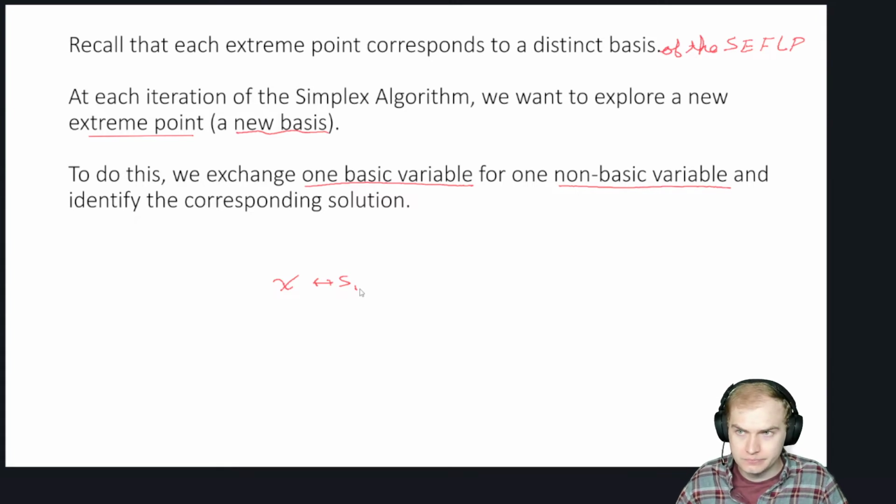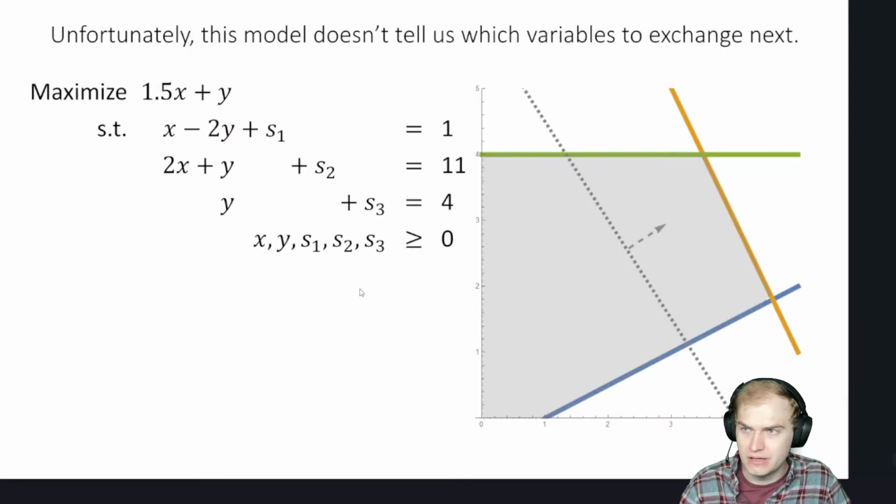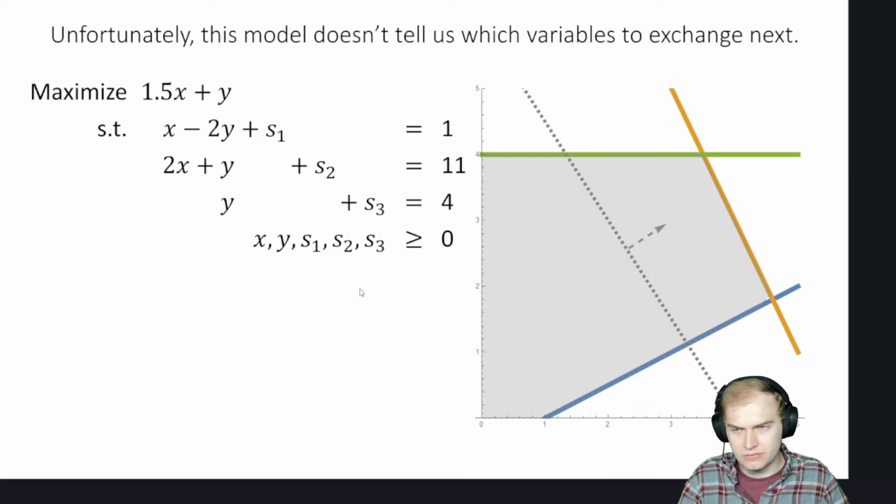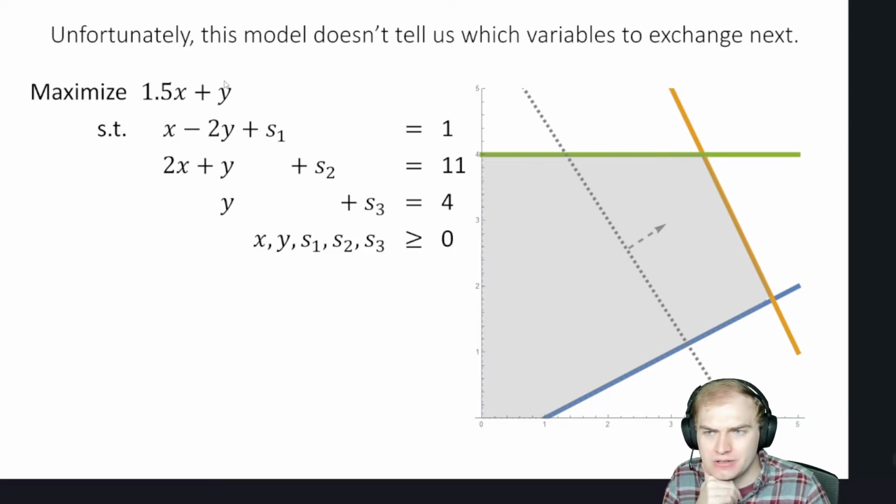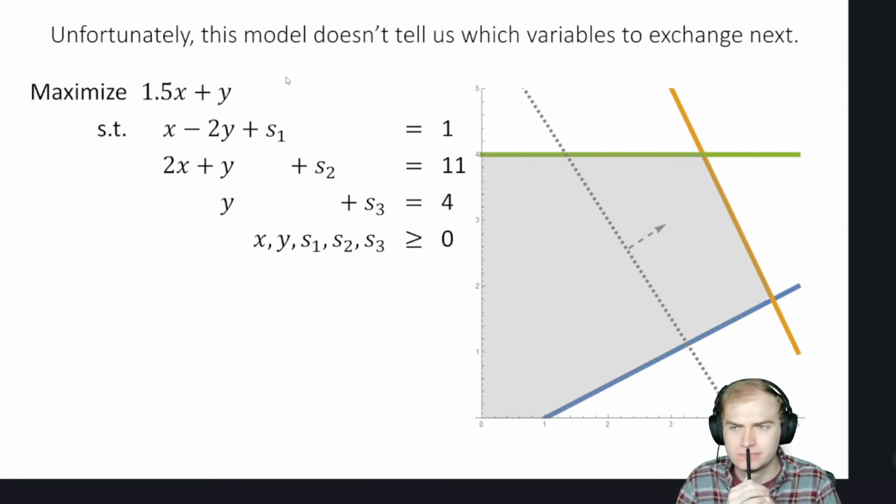Now we're at a sticky point, because this model doesn't tell us what to improve next. Right? We could try to increase y, but it's not clear exactly when increasing y would become infeasible.